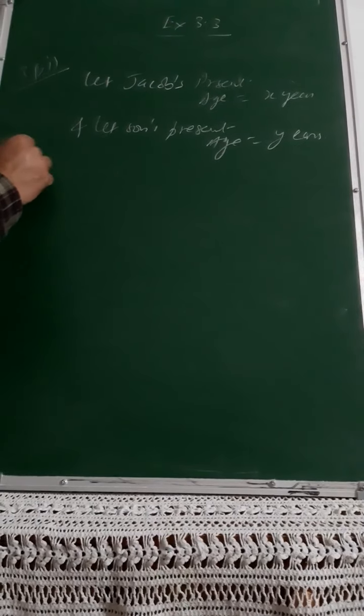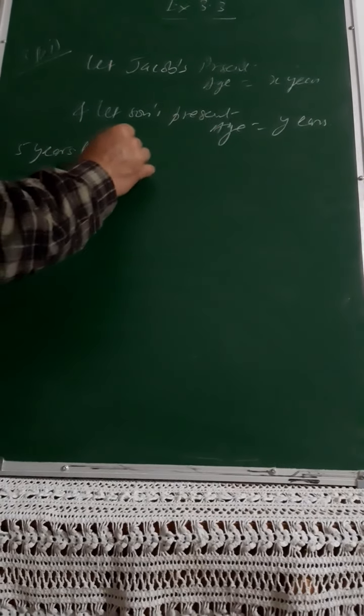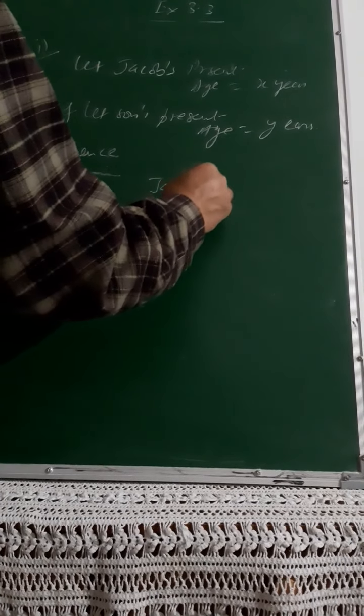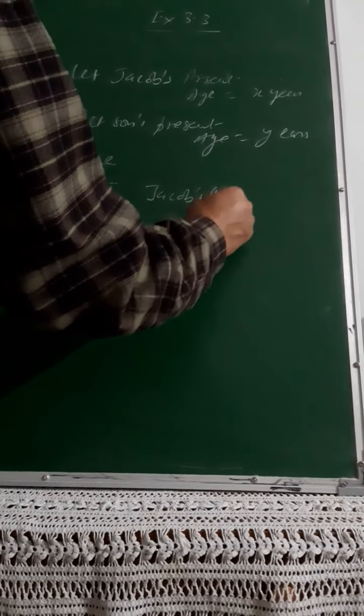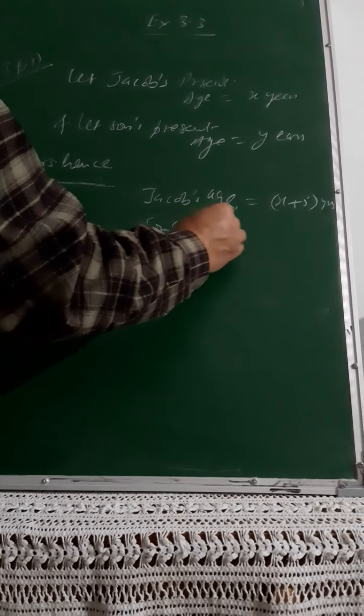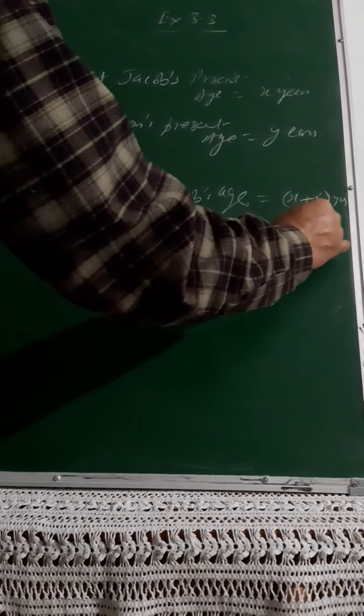Conditions are given to you. First is 5 years hence. See, this is the first condition. 5 years hence, what will be Jacob's age? If present is x, after 5 years he will be x plus 5 years. And the son's age will definitely be y plus 5 years.